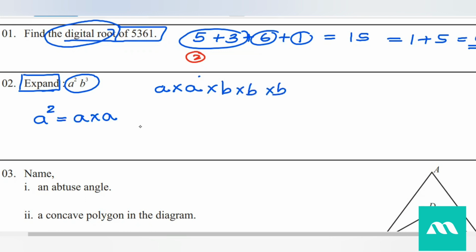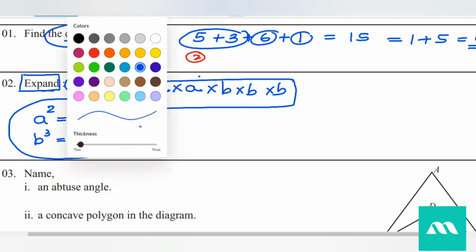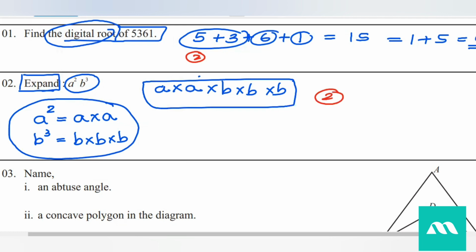Again, b cube or b to the power of 3 means multiply b 3 times. Then this is the answer. Check whether you have got this answer. Have you got this answer? Yes, teacher. Okay.